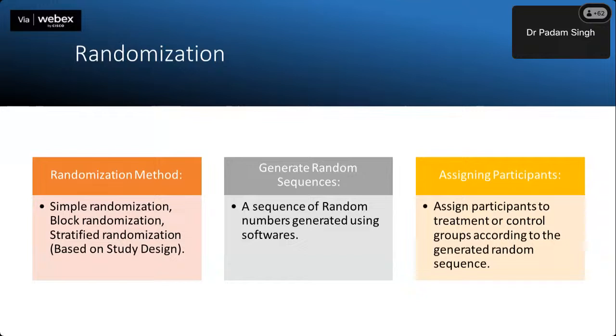What is done in randomization is that a sequence of random numbers is generated, and this generation of random numbers is through a software. हमारे ज़माने में we used to utilize the random number tables, but now the softwares are very handy. So we generate the sequence of random numbers through which we assign participants to the treatment group or the control group according to the generated randomized sequence. I will explain with one example. Next.